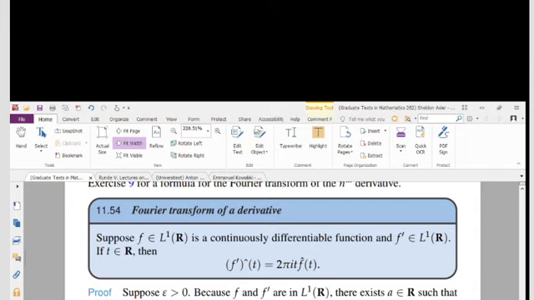This is the definition of continuously differentiable. Okay, f and f prime are in L1. There exists an element such as a in real numbers such that this 2 is less than epsilon.